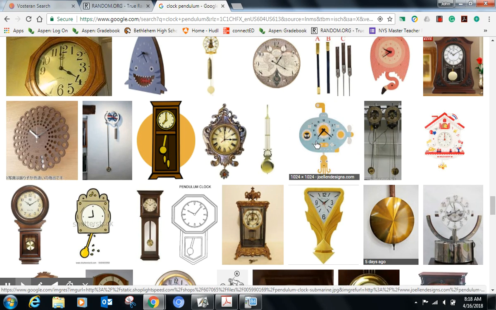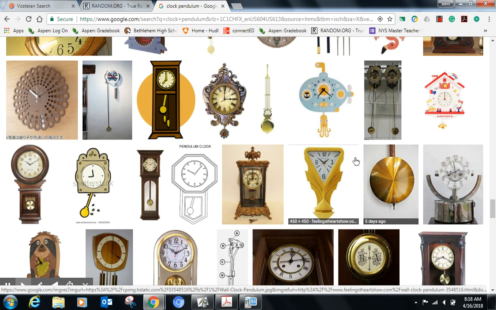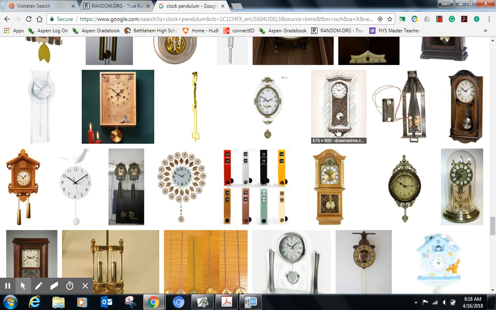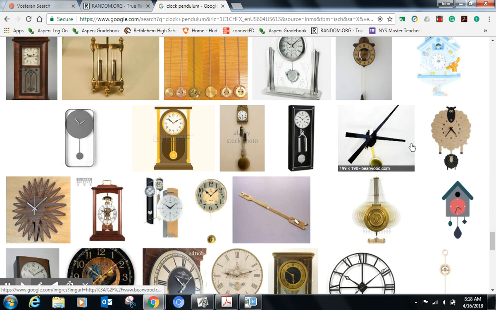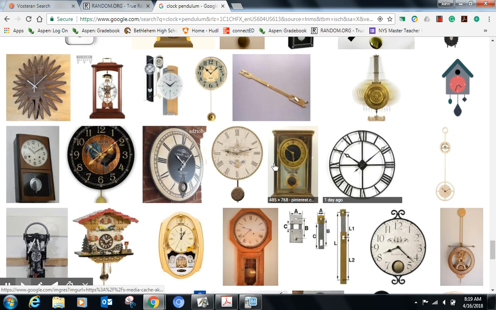Octopus with a little submarine. Actually, I don't even think that's an octopus. There's only 4 tentacles there. Squid, maybe? I'm just making this as painful as possible for you, looking through all the different images of pendulum. Oh, the sheep with the little sheep hanging. That's kind of creepy, but okay. It's a little creepy.